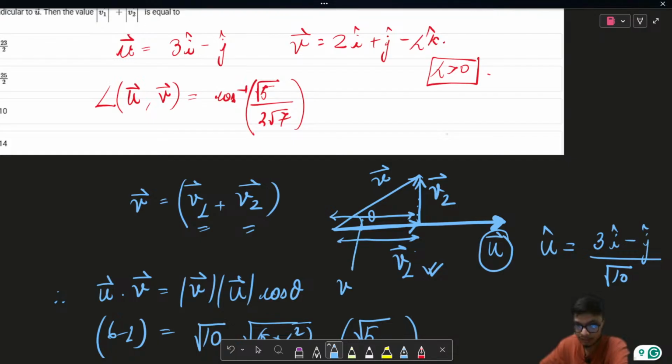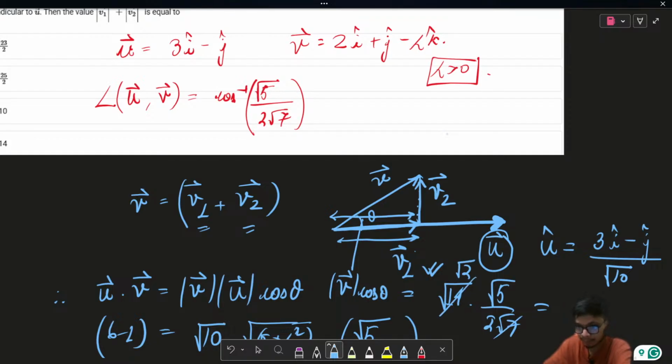This is very straightforward. So it is going to be root 14 times root 5 upon 2 root 7, and if we evaluate this, the result is going to be root 10.